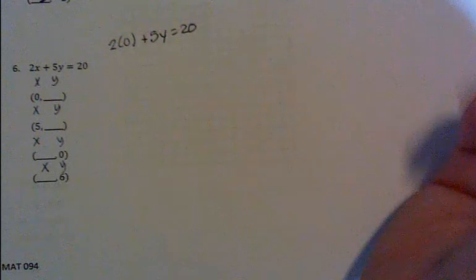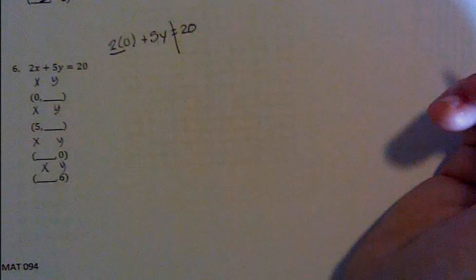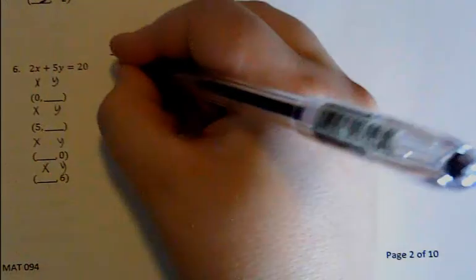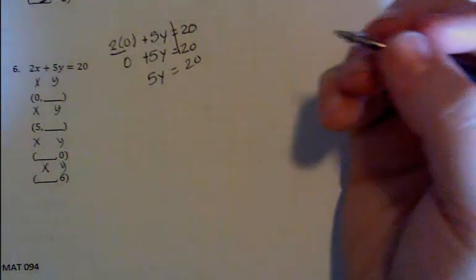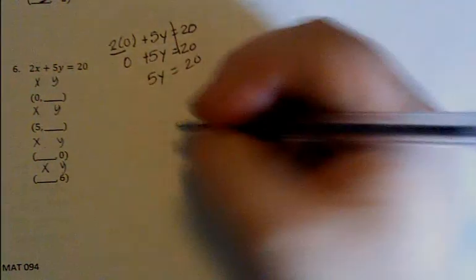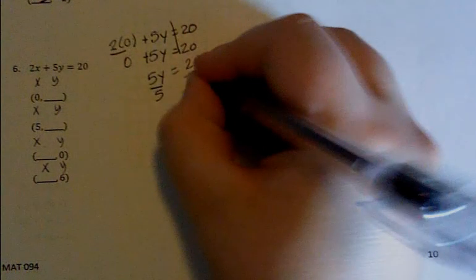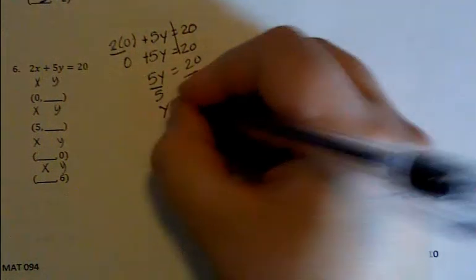So the first thing I'm going to do when I'm solving for y is multiply that 2 times 0. 2 times 0 gives me 0. Bring down the 5y equals 20. 0 plus 5y is just 5y. Bring down your 20. And to get that y by itself, we're going to divide everything by a 5. So y equals 4.